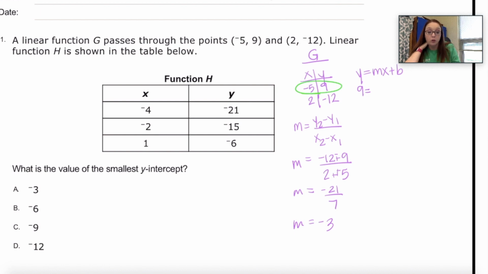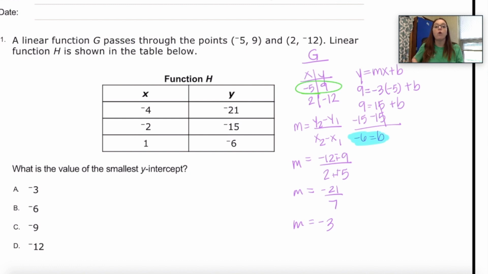M, our slope, is negative 3, times our x coordinate, negative 5, plus b. Negative 3 times negative 5 is positive 15. To solve for b, we subtract 15 on each side. 9 minus 15 is negative 6. So the y-intercept for function g is negative 6.